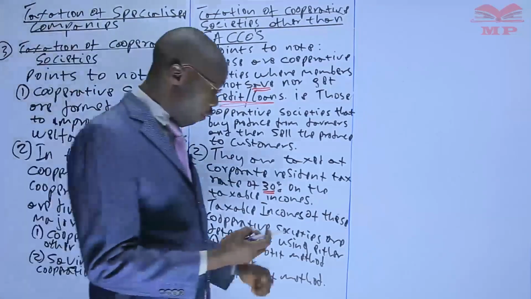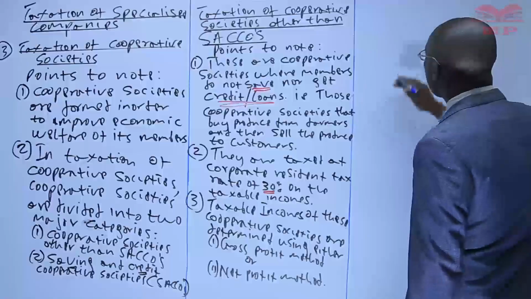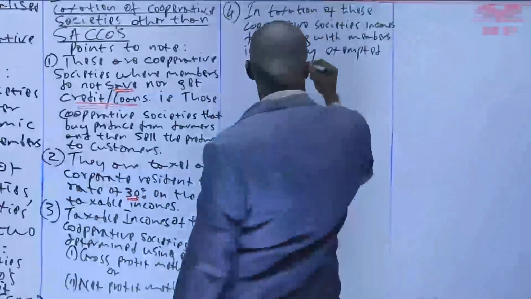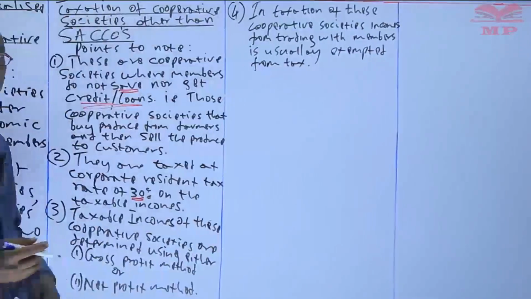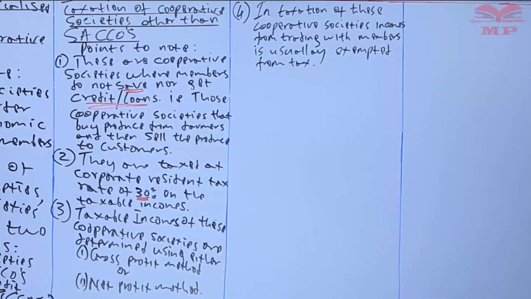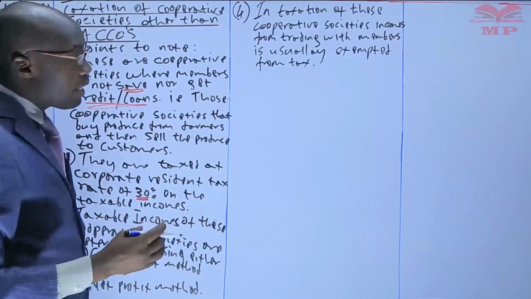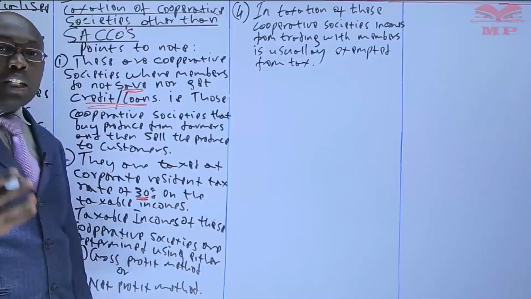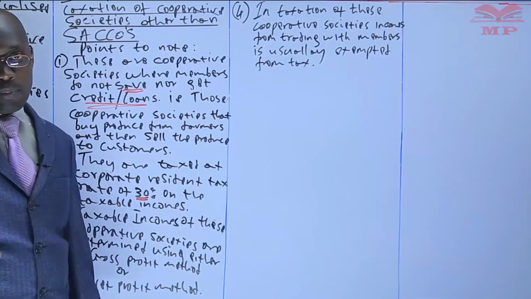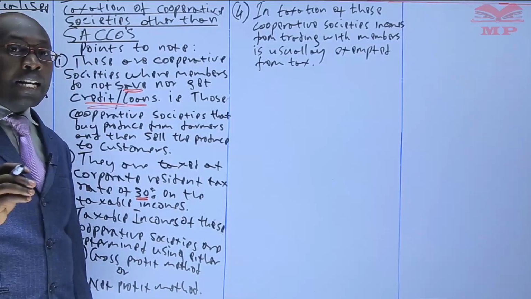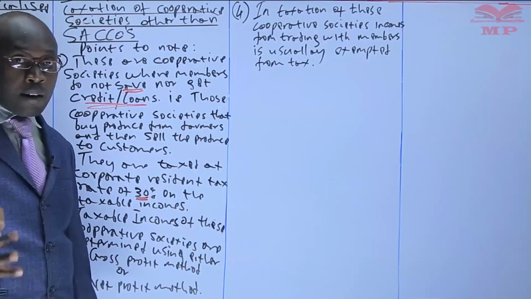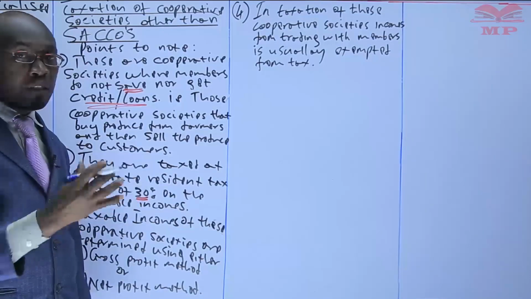Point number four that you need to note is that when you're taxing this cooperative society, if there is any income the society makes from trading with members, that is usually exempted from tax. For example, you could have a farmers cooperative society.